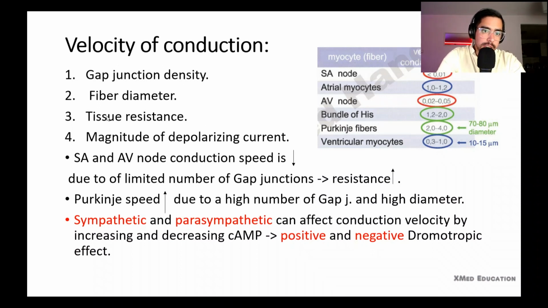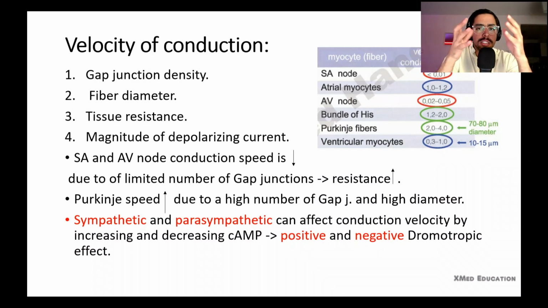The third thing is the tissue resistance, like how currents can pass through that tissue. Is this tissue something where the resistance inside it is high, or not that high? And the magnitude of the depolarization current, so how strong is the current that wants to pass.